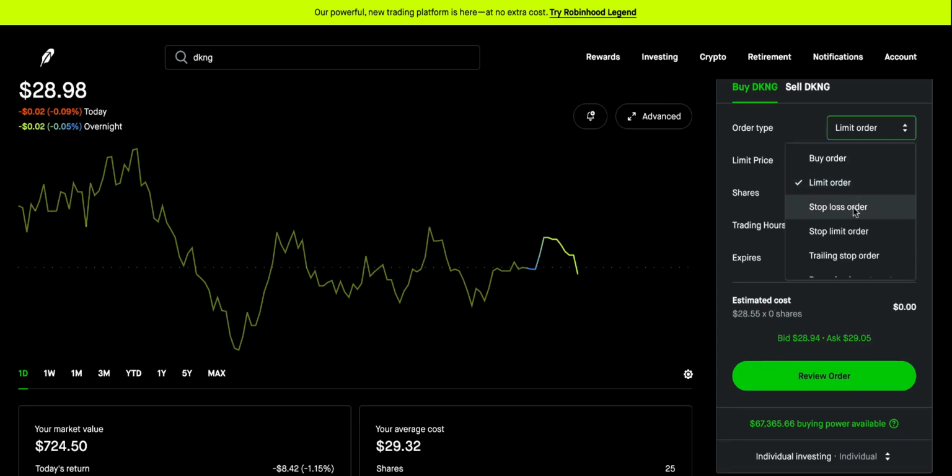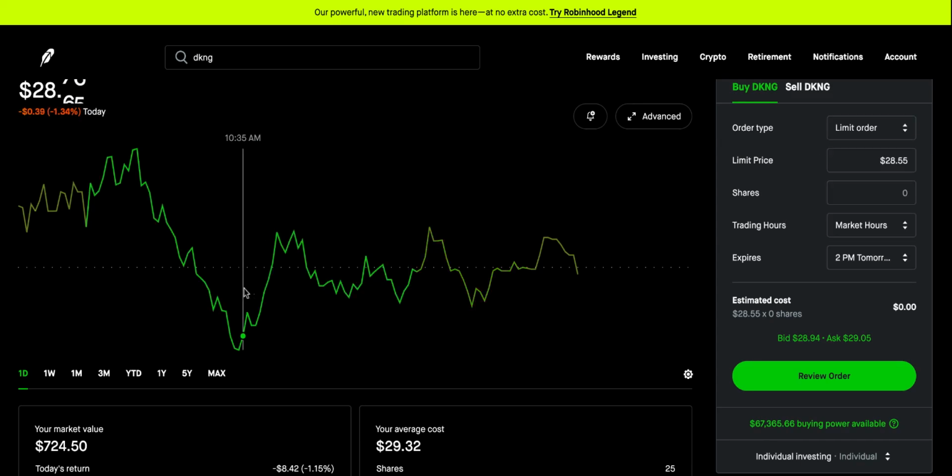Okay, so the next one is a stop loss order. I actually use this one a lot. I am busy throughout the day, so a lot of the times when I'm super busy and I'm on the move, what I'll do is, let's just say I bought down here at 28.55.